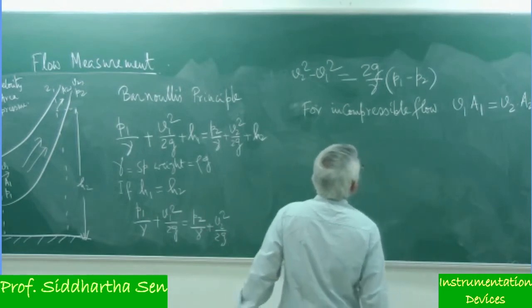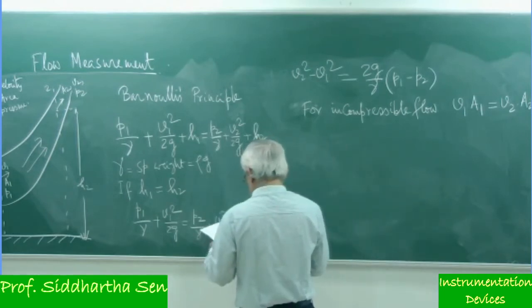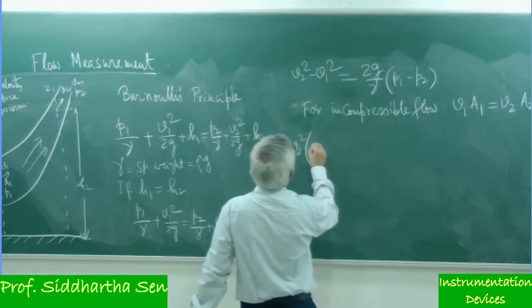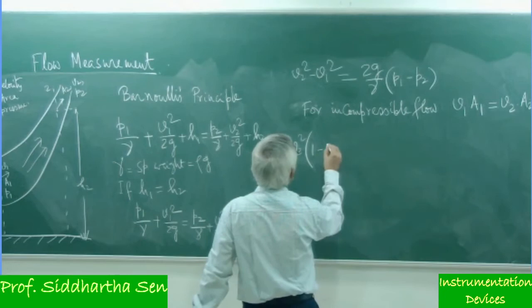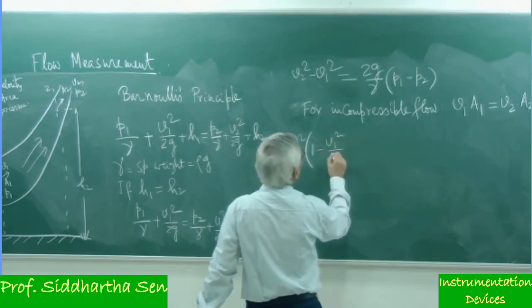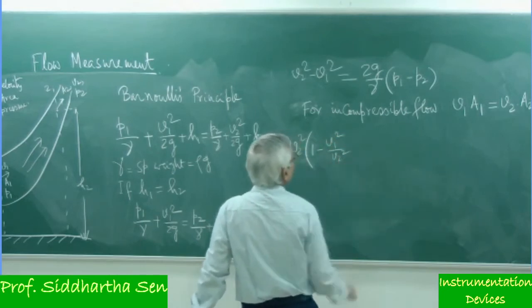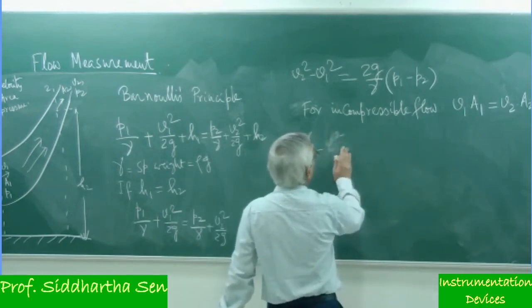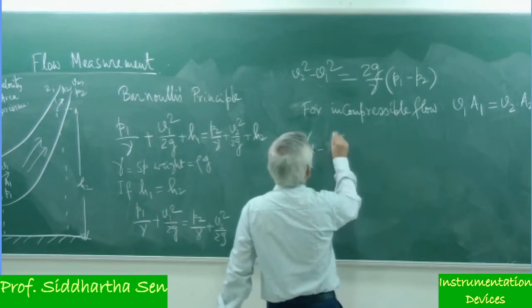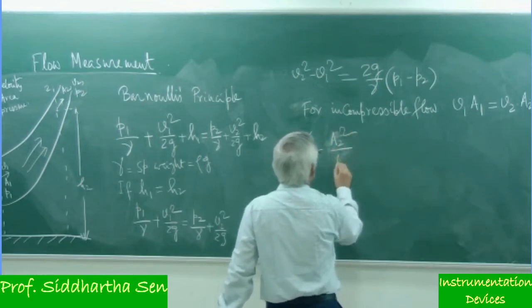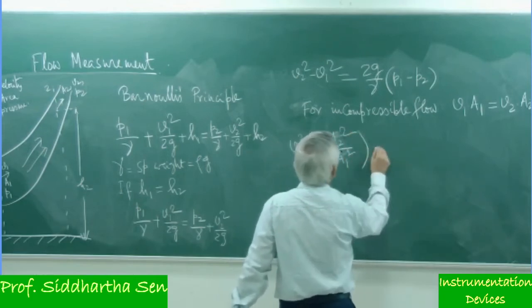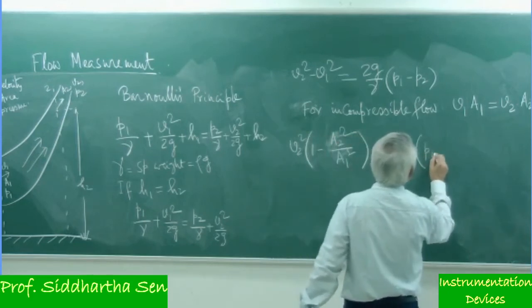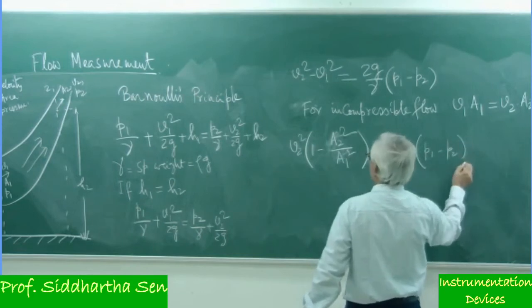So what we can say is that V2 square into 1 minus V1 square divided by V2 square, or we can write it down directly, V1 minus V2 is equal to minus A2 square divided by A1 square is equal to 2G divided by gamma into P1 minus P2.